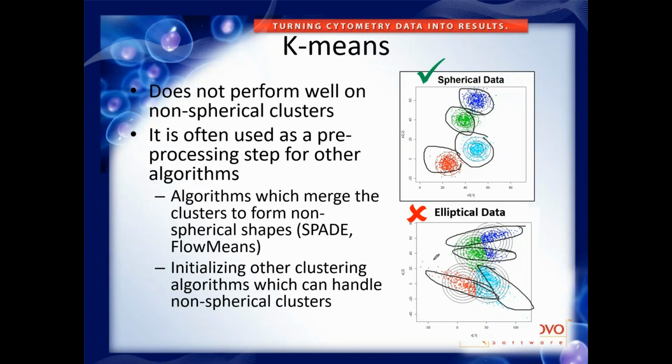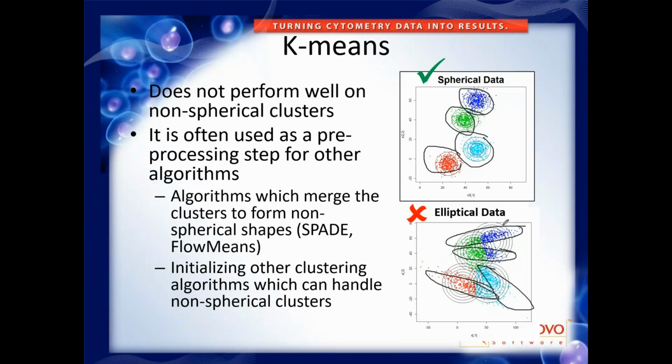Well, you can see that because it is baked into the K-means algorithm that the populations are basically spherical, it does a terrible job of actually denoting your populations of interest and clustering them appropriately with elliptical data. Okay? So again, the algorithms will always find you clusters.